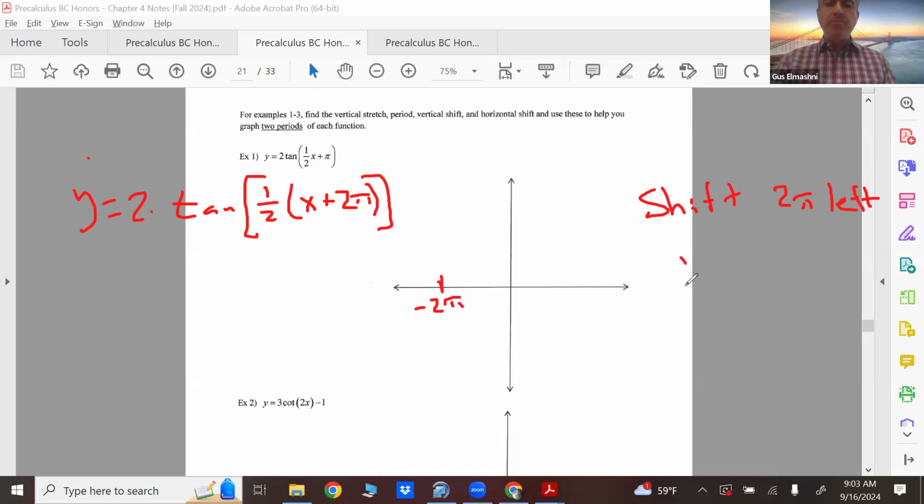Now the period. It says pi over b, right? So it's 2 pi. So it means the distance between the vertical asymptotes is 2 pi. So we have negative 3 pi and negative pi.